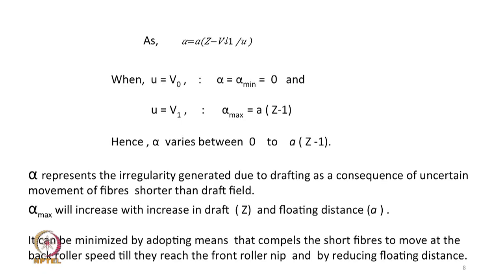And the only way to minimize it is to compel the short fibers to move at the back roller speed till they reach the front roller nip. That means, if I can make u, the floating velocity, to be V 0, that is floating velocity is equal to the back roller speed, in that case the irregularity that will be generated will be minimum.